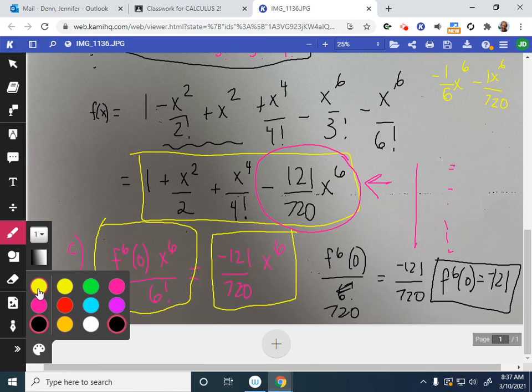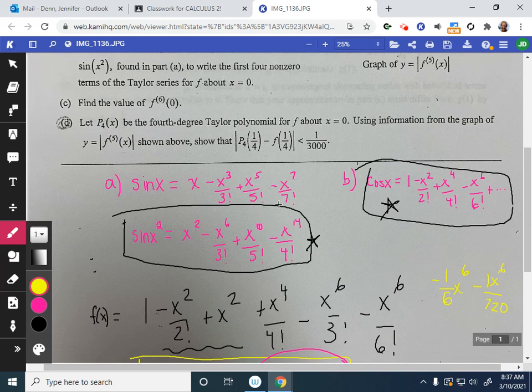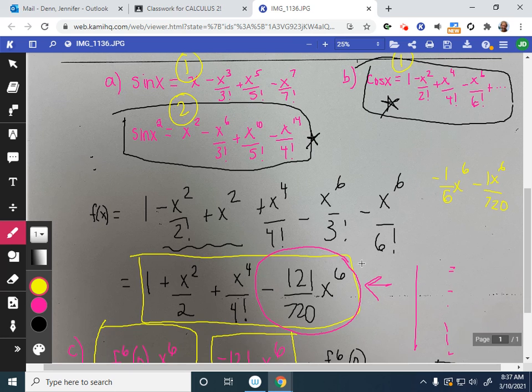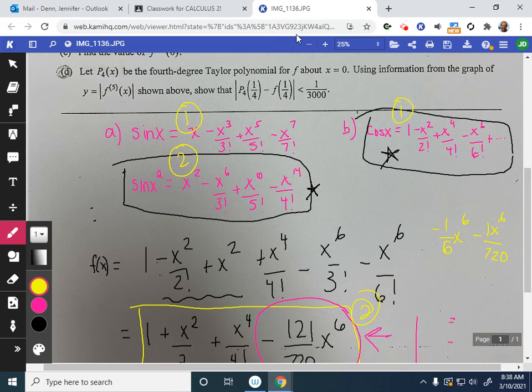So just for scoring purposes, I know we didn't do D yet, but you would have had 3 points for part A, 1 point for the series for sine, 2 points for sine x squared, so those are easy. 3 points for B. So 1 point for the series for cosine and 2 points for getting the series for f of x. For C, you would have gotten 1 point for your value for the 6th derivative. And now we have 2 points remaining for the last part.